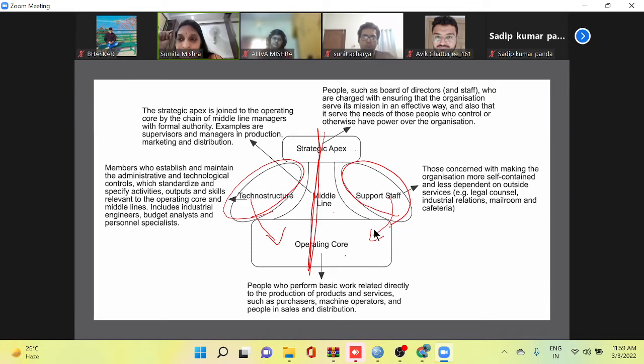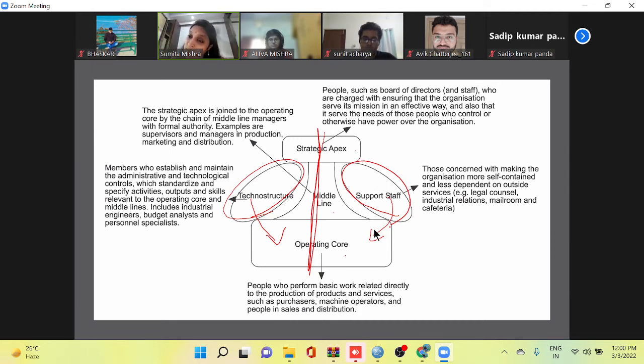And you will also find a very interesting thing that in each design option that we go through, a part of the organization becomes the most important. So you may have design option 1, where strategic apex is the most important part of the organization. You may have design option 2, where the operating core becomes the most important part.